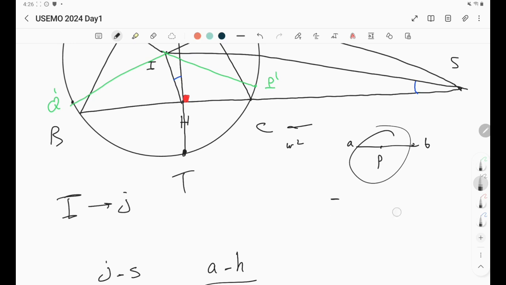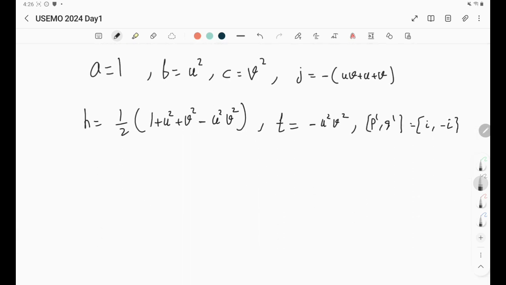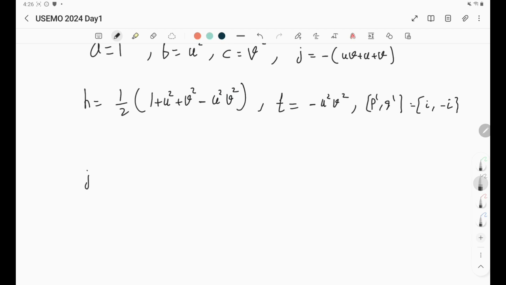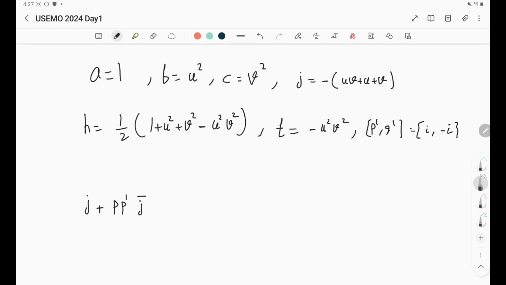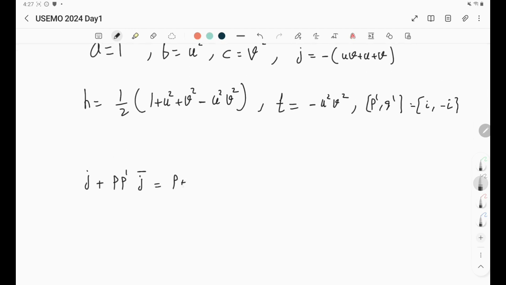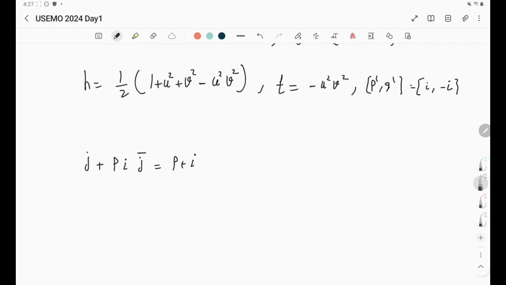First of all, we take J plus, with A and B being P and P prime, times the conjugate of J, is equal to the sum P plus P prime. Remember, P prime is just I, so let's replace P prime with I. Of course, we just need to find P, so let's isolate that.